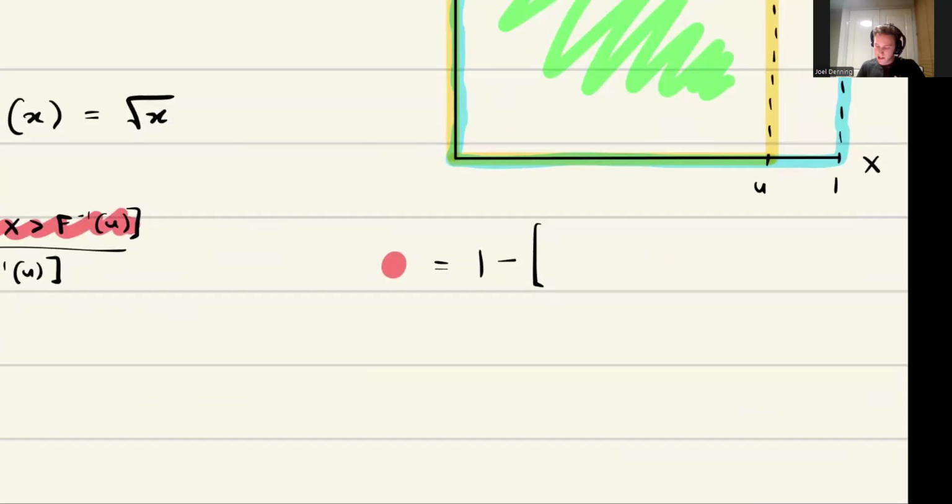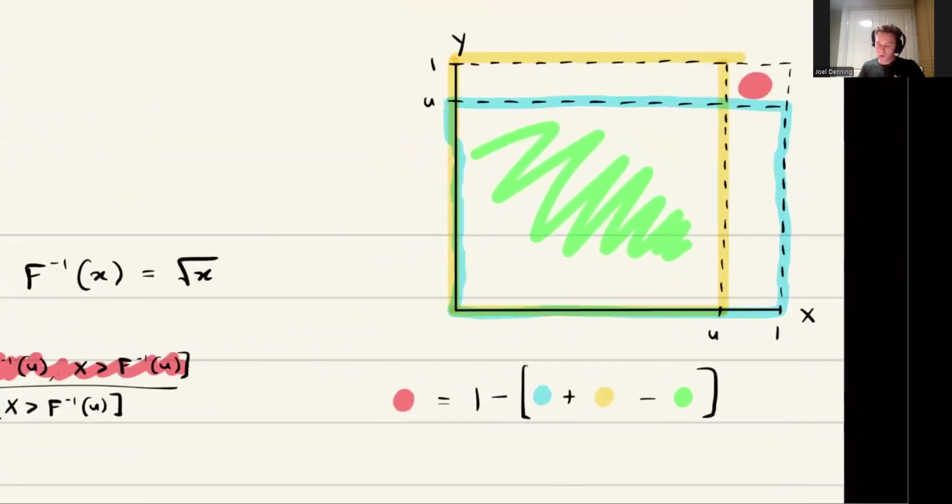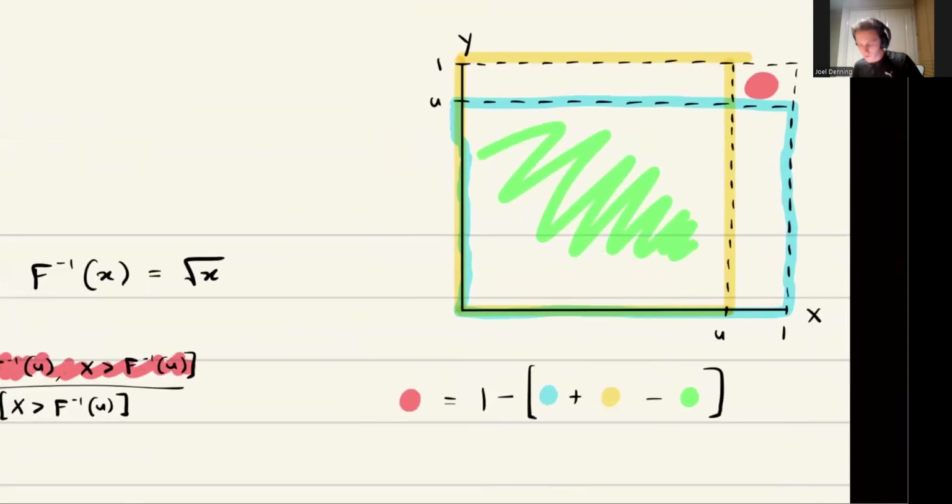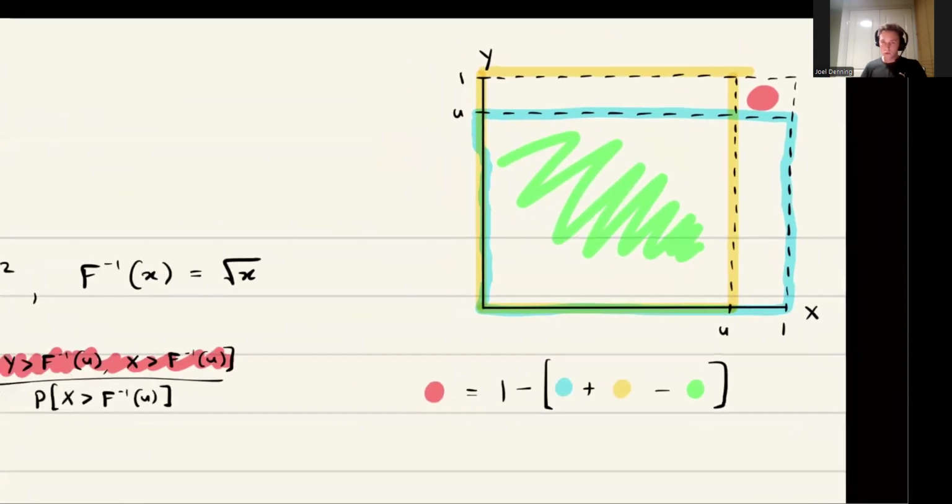So we add in one blue part, we add in one yellow part, and then we take away one green part, right? One of the big middle parts. And that should give us that red part. So I'll give you a second to maybe pause the video, have a think if it doesn't make sense immediately. But that is what we're going to get.